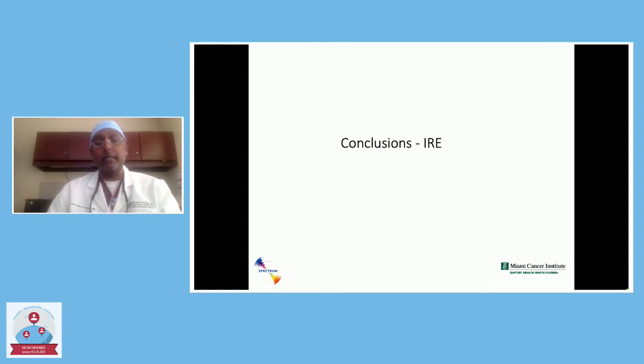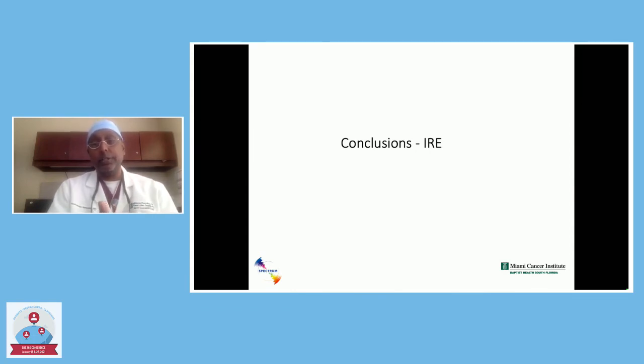And then there are categories of patients where we try to downstage patients who are initially not transplant candidates with locoregional treatments. So at this point, given the limited experience, all that I can say is that it seems to work. But where this technology would fall in the algorithm of this disease process and treatment needs to be further studied.